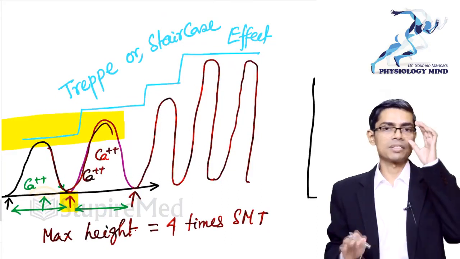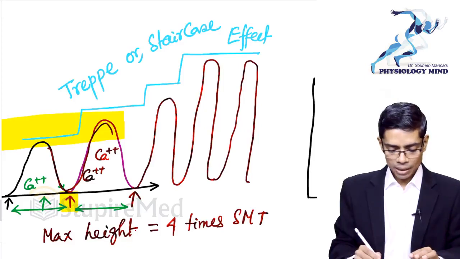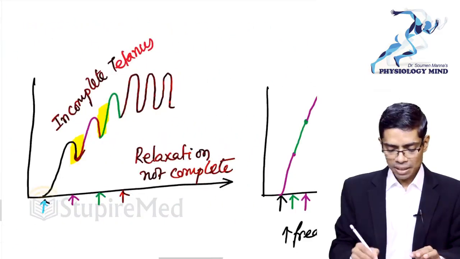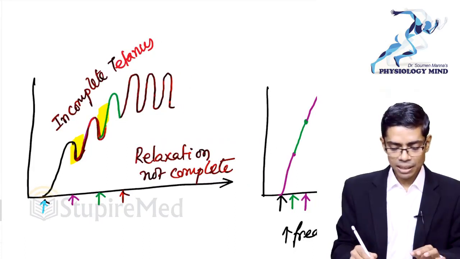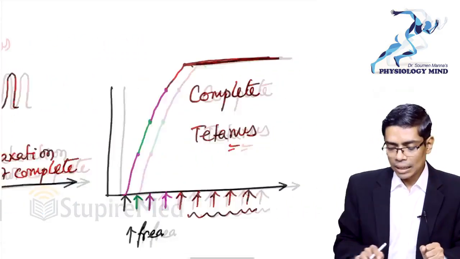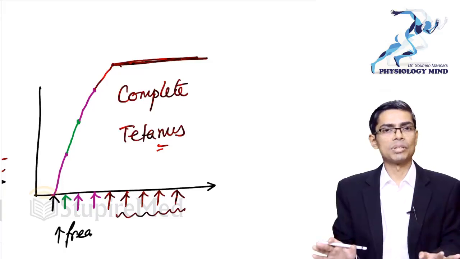Look at the difference. This is very, very important for the exam. So TREPPE: complete relaxation, then increase in height of contraction. Incomplete tetanus: incomplete relaxation, then increase in height of contraction. And complete tetanus means there is no relaxation in between.